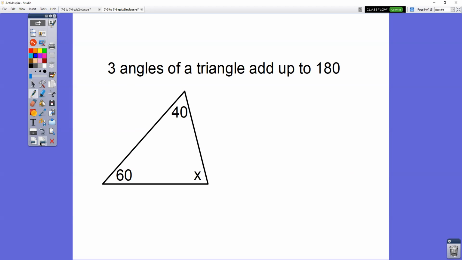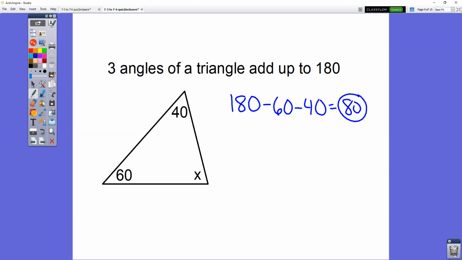So you're going to be given 2 angles of the triangle. You need to find the 3rd missing angle. The easiest way in these type of questions is just to take 180 and subtract out the 2 angles that you're given. So 180 minus 60 minus 40, and that will give you your answer of 80.